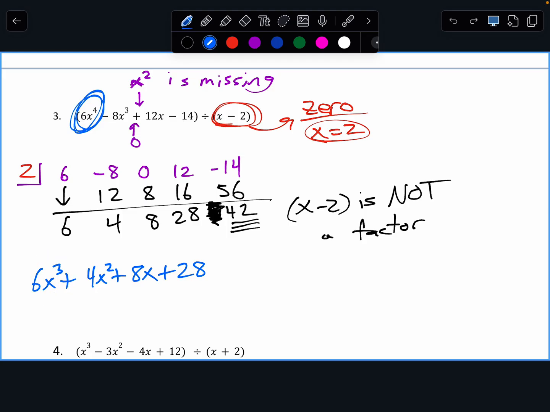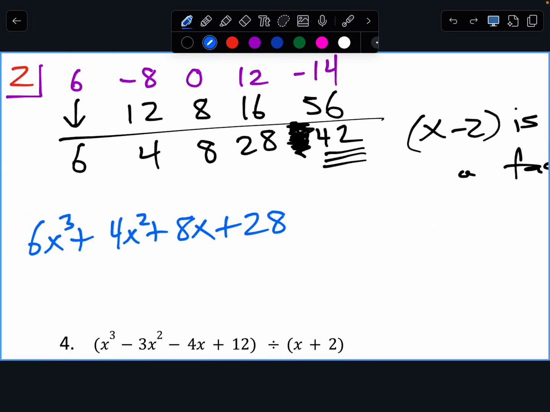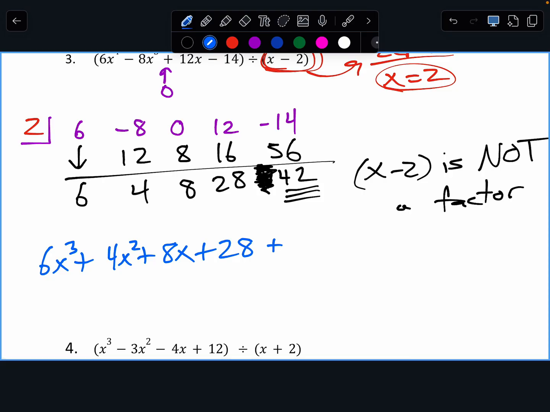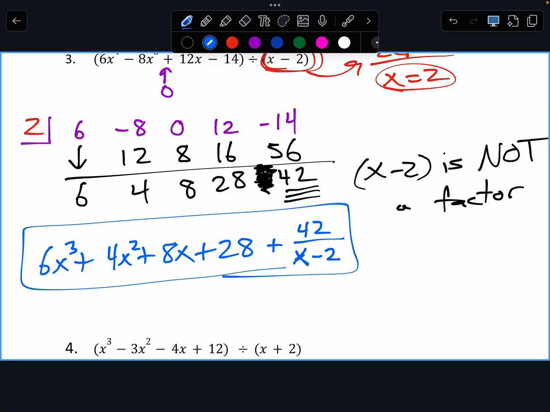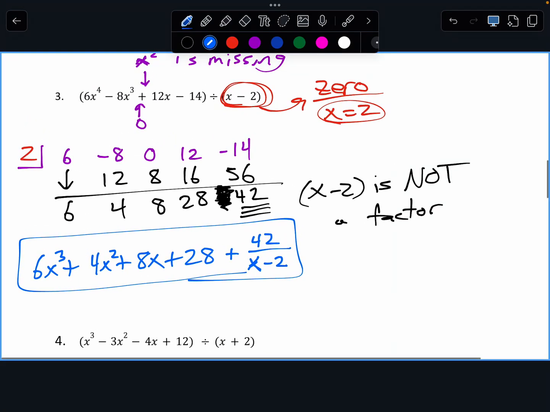It's just one less than what it was before. Okay? But now to write the remainder, if it's something other than 0, you write 42 over your factor. And your factor in this case was x minus 2. I know that looks kind of weird, but that's how you would write your remainder, over the factor that you divided by originally.